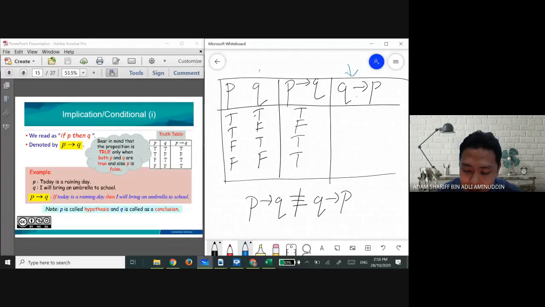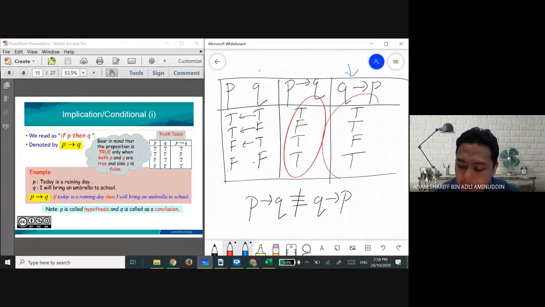So T implies T, dia jadi T. F implies T, dia jadi T. T implies F will be F, and F implies F, of course it will be T. When you observe here, for P implies Q and Q implies P, the order is different. For P implies Q it is T, F, T, T. For Q implies P it is T, T, F, T. This indication alone shows you that these two are not the same proposition.